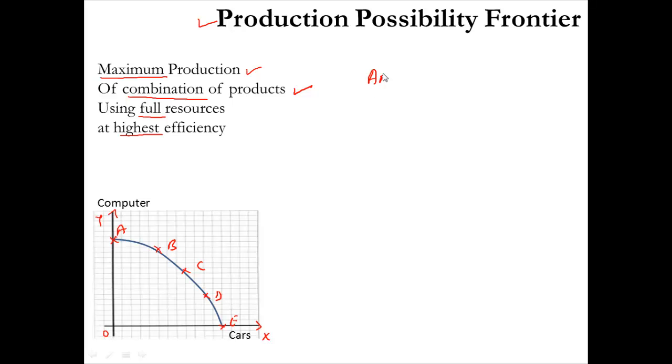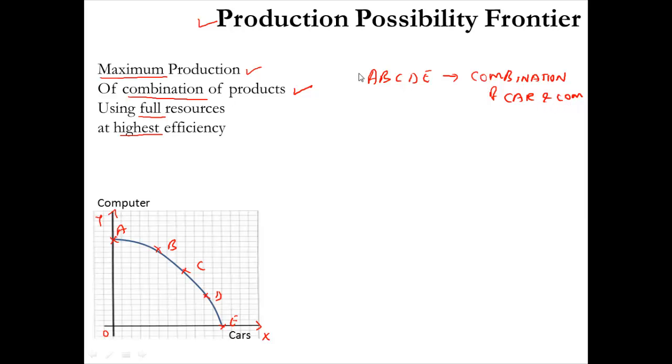All points A, B, C, D, E, all points represent combinations. What you see in the graph, all points represent combination. And these combinations represent the maximum production putting both cars and computers together. Combination of car and computer.